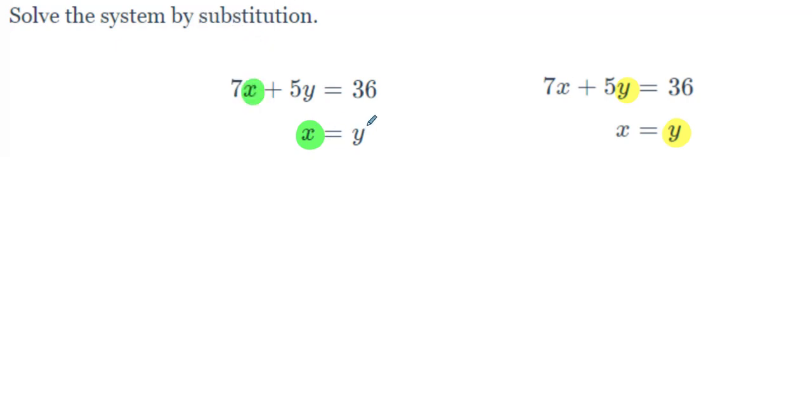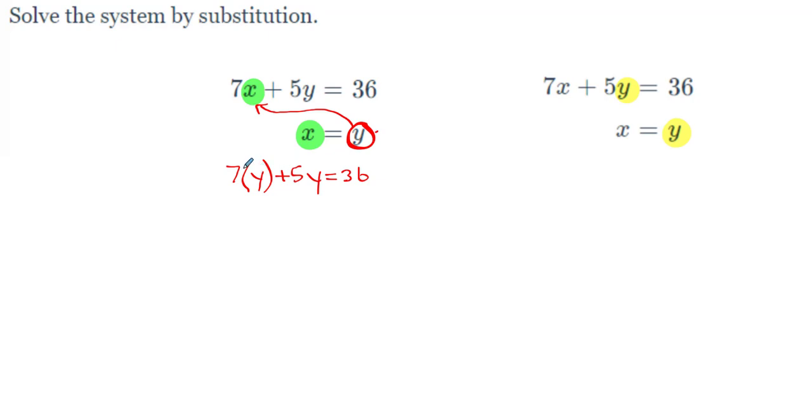So if x is my isolated value, this y value is going to be substituted right here. So then the equation would look like this. It would be 7. Keep in mind we're getting rid of x, and I'm going to put y there, plus 5y equals 36. That's one option.